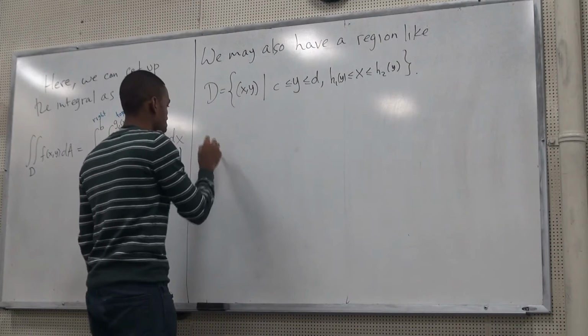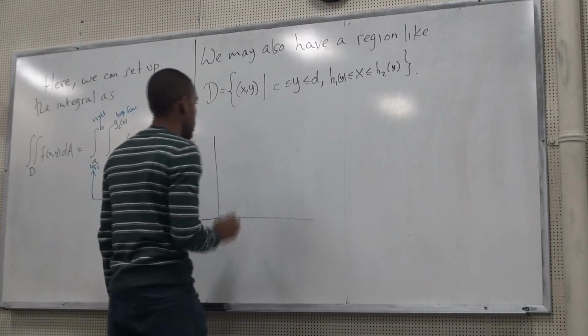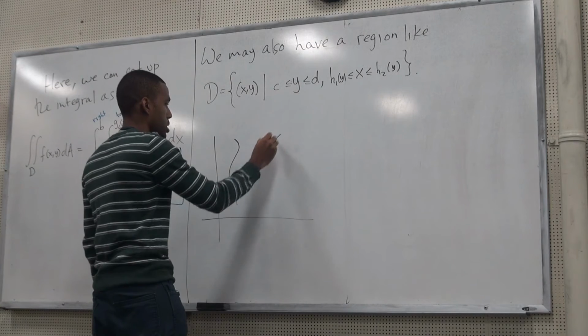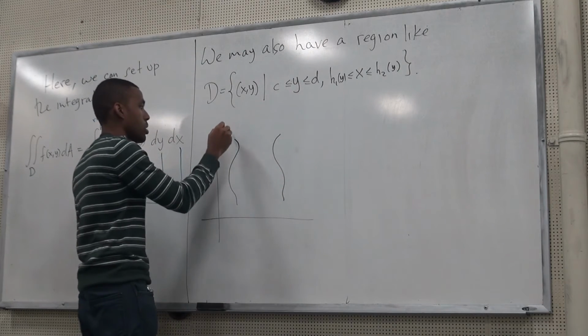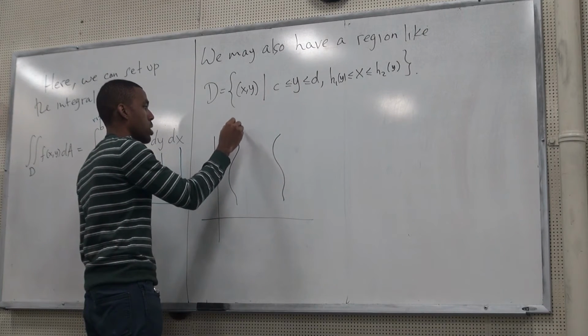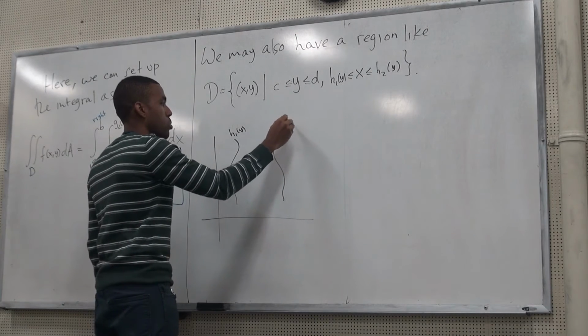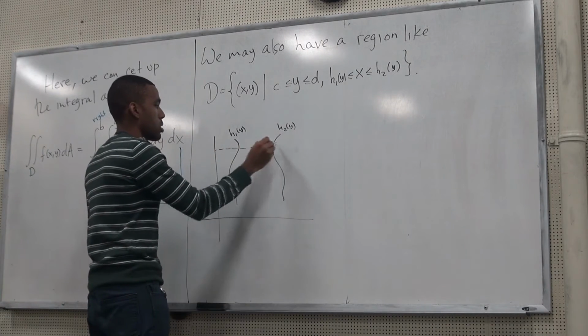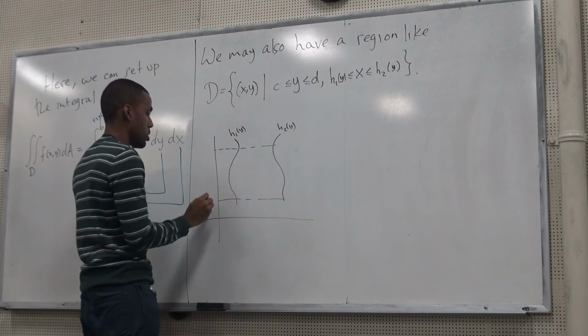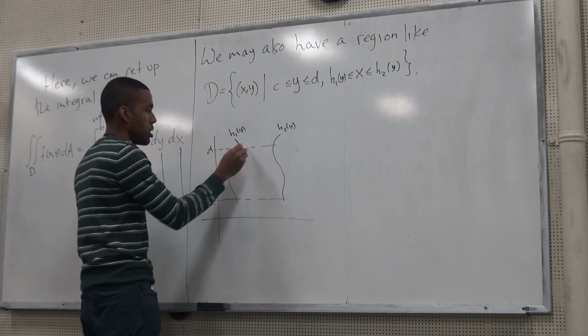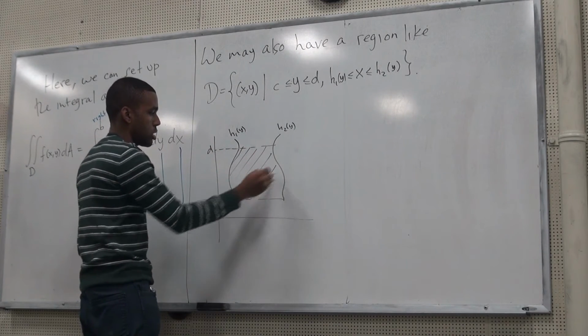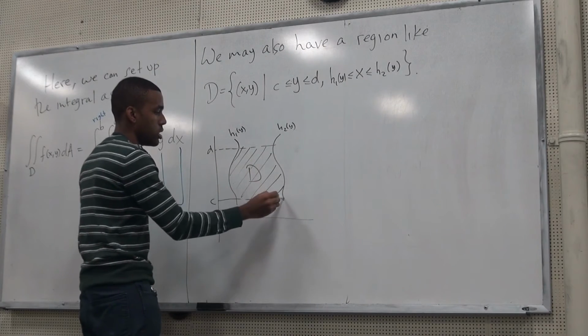So in that case, your picture would look like this. I can have two functions like this. This here is my h1 of y. This here is my h2 of y. Here's my c, here's my d. This is my region D.